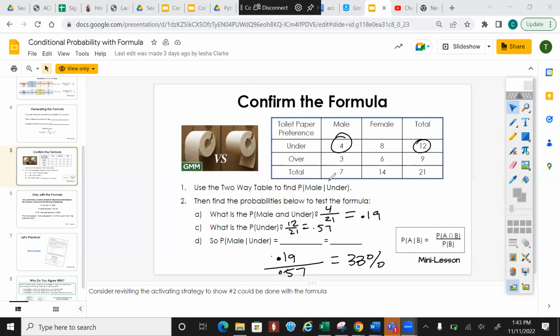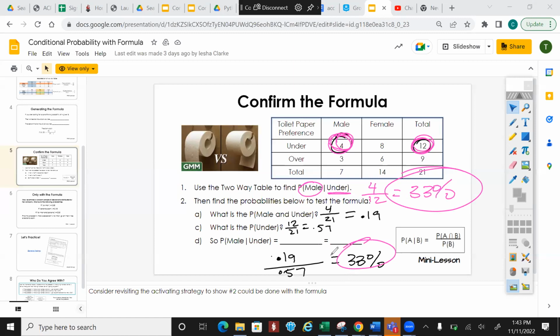So if I did what I've taught you, male given that it's under, out of the under, how many people were male? That would be 4 out of 12, right? Which is 33%. Notice how this number and this number are the same.